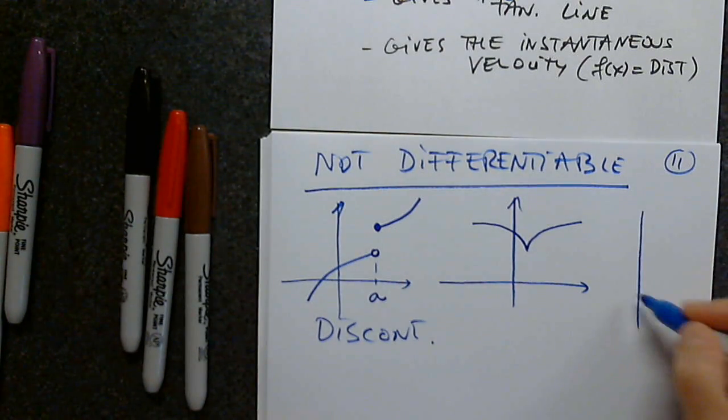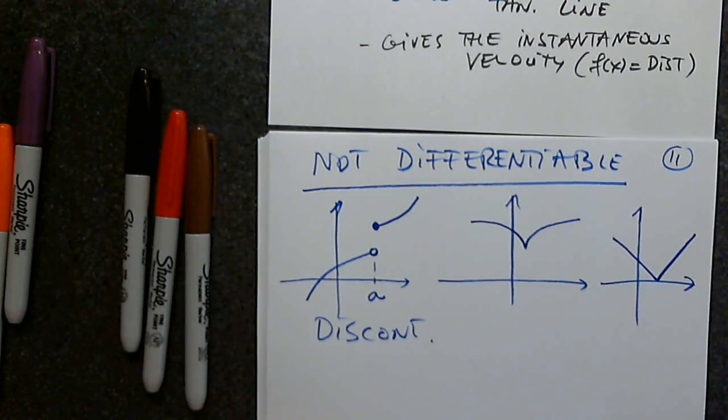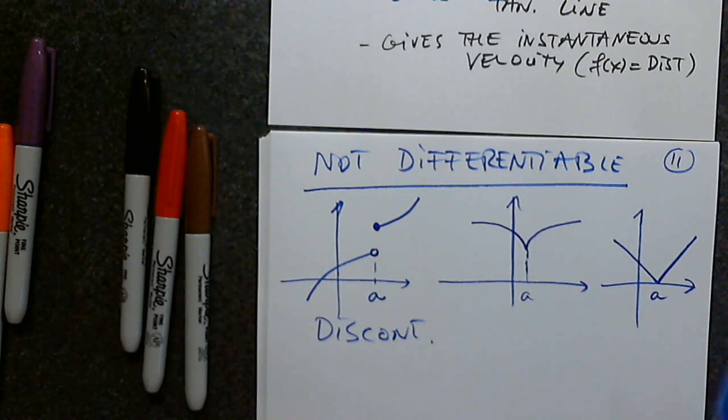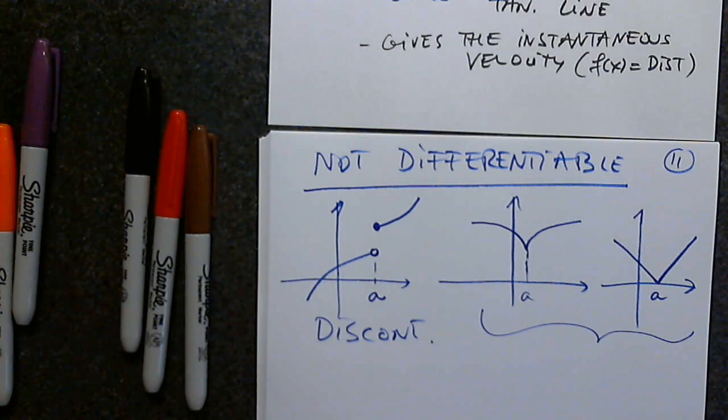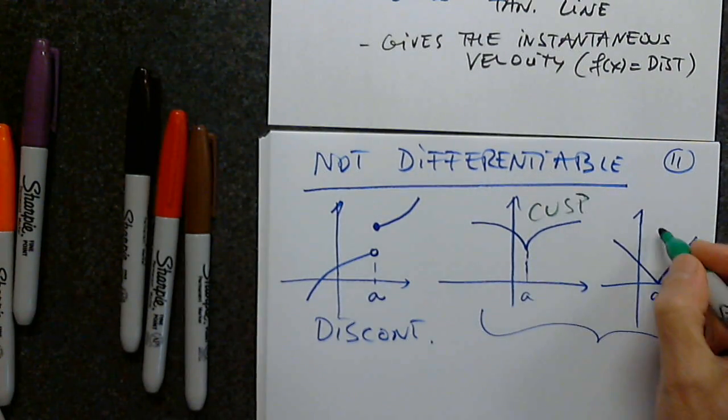Also similar to this situation. At this point, which is a, these functions are not differentiable because they have either a cusp or a corner.